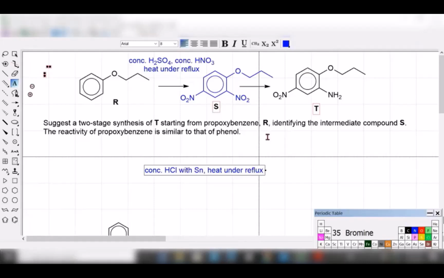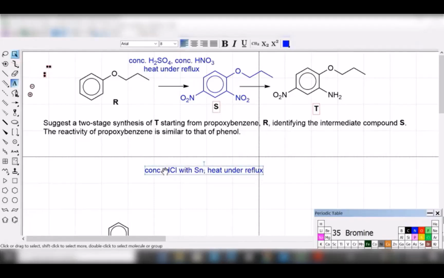But the question you have in mind is, if I put this, then wouldn't both be reduced at the same time? That is the predicament that the student faces in this kind of question. But there are a lot of issues behind the nature of this question. And of course, in the actual synthesis, tin in conc. HCl isn't used entirely. They use something else.